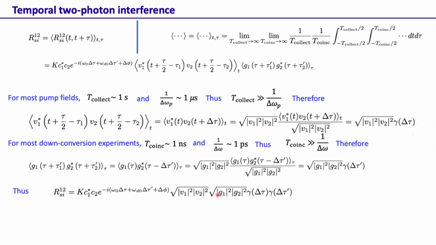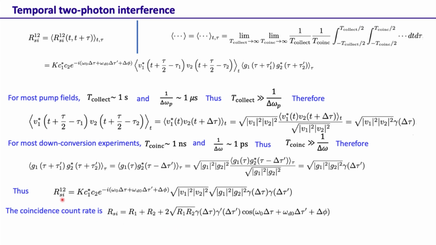This is the signal idler field amplitude in alternative 1 and 2. This delta tau prime, delta phi, these are all the quantities we had defined in the very first few slides as the important length and time parameters. And then we have these two coherence functions, the time average degree of coherence function. One is in terms of delta tau and another one is in terms of delta tau prime.